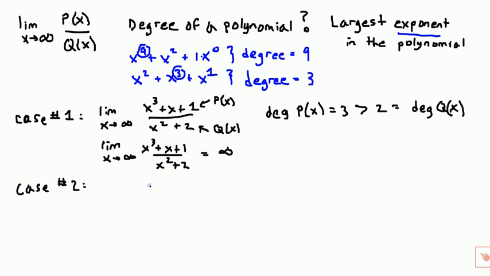let's look at this problem. We have the limit as x approaches infinity of x to the 7th plus x squared plus 5 divided by x to the 11th plus 2. So in this first example, I'm just going to separate these cases with a red line.